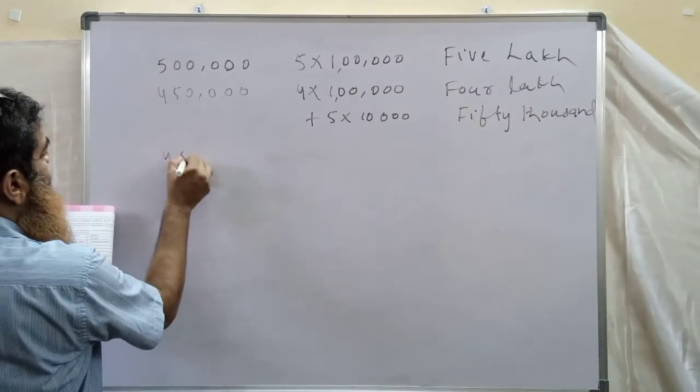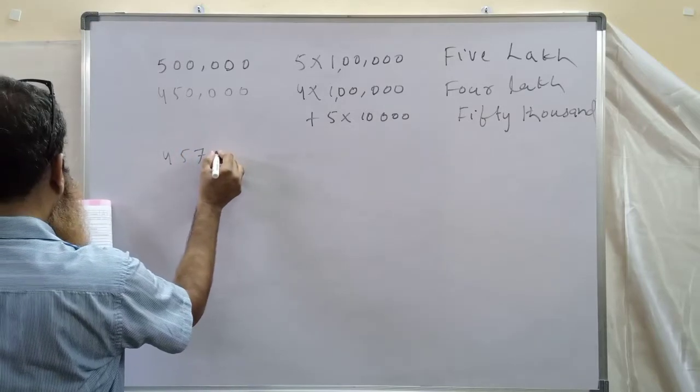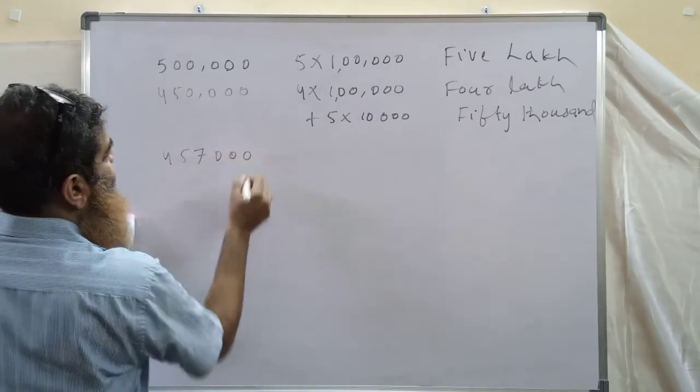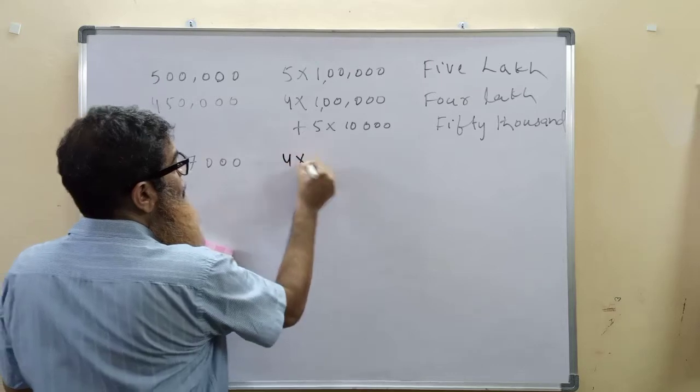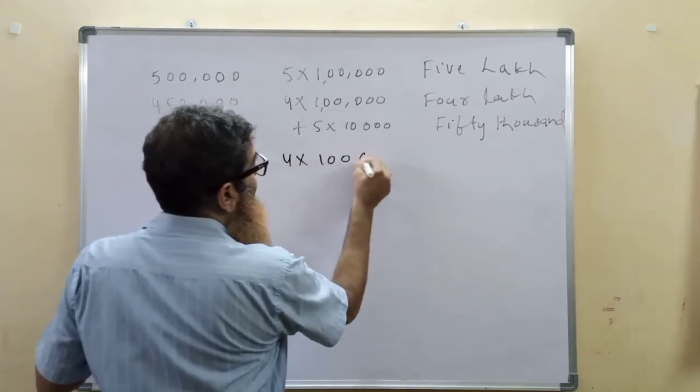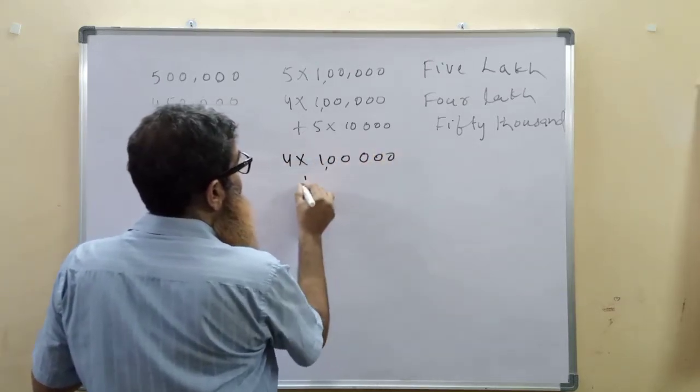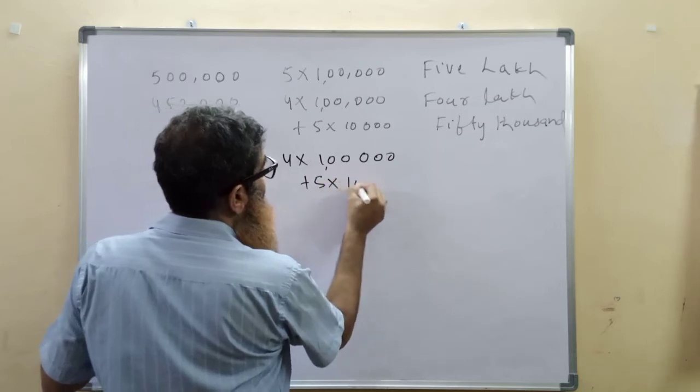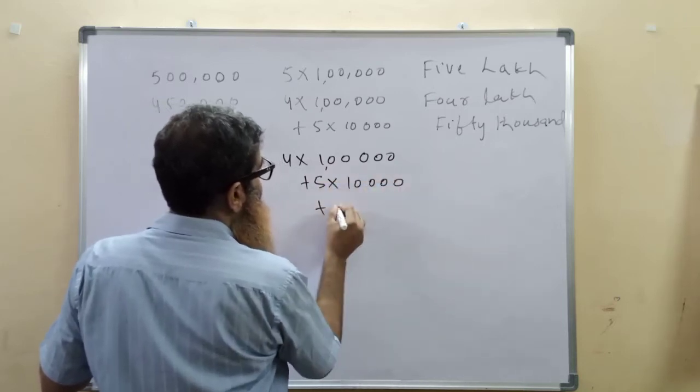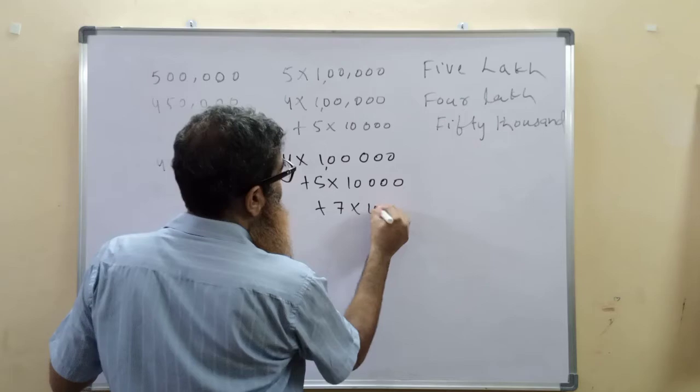Then the third number is 4 lakh 57,000. So we have 4 into 1 lakh plus 5 into 10,000 plus 7 into 1,000.